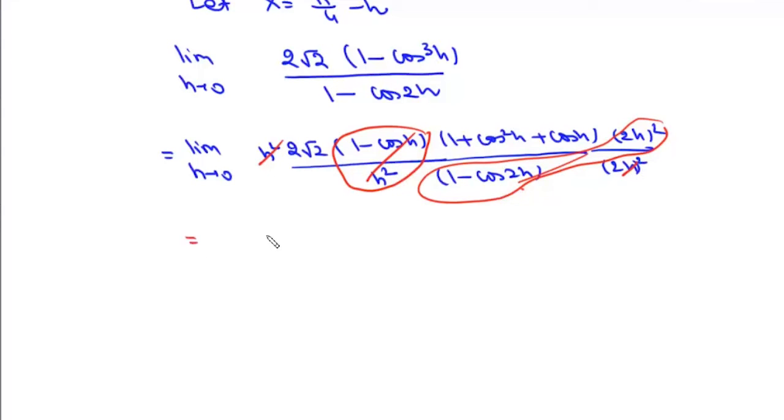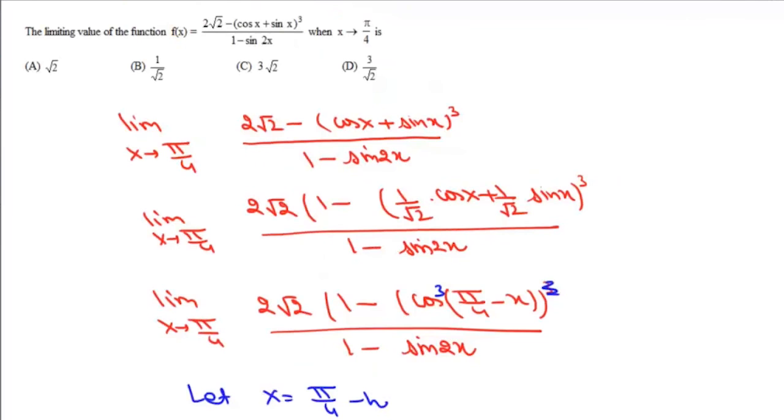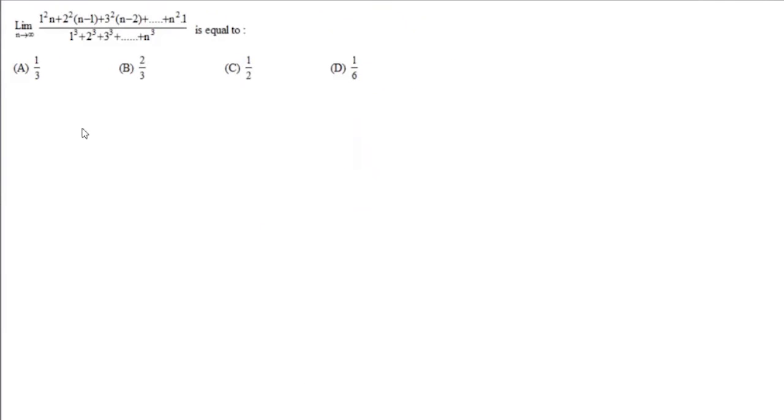So we'll get this limit as 2 root 2, and this is 1 plus 1 plus 1, which is 3, divided by 4. So this value will be 3 by root 2. And that's your option D. Now here the question is, we need to find this limit.